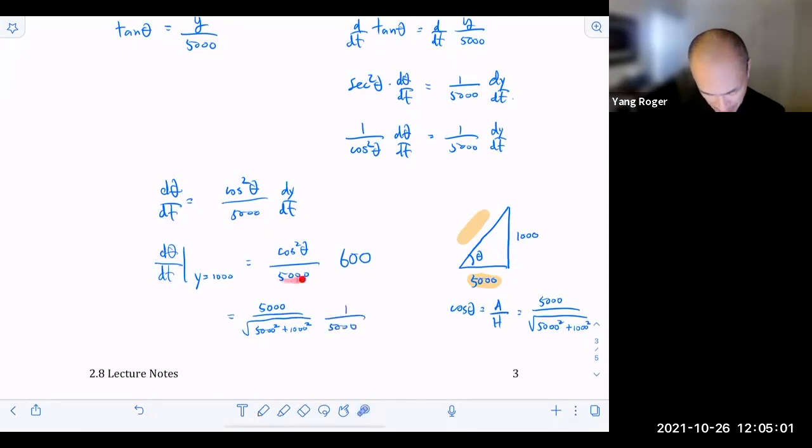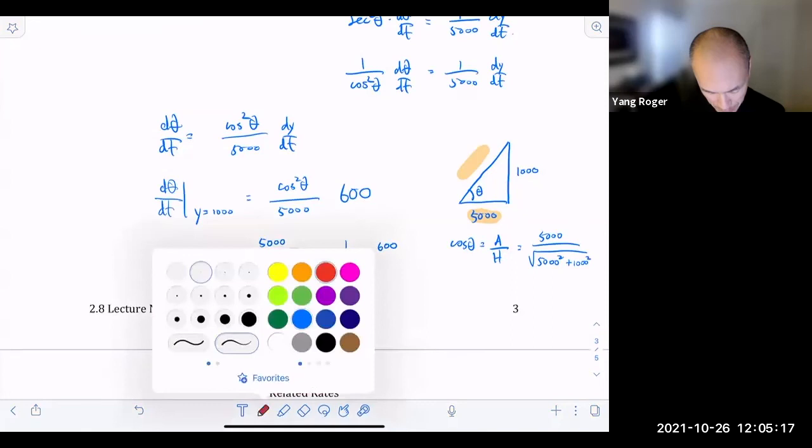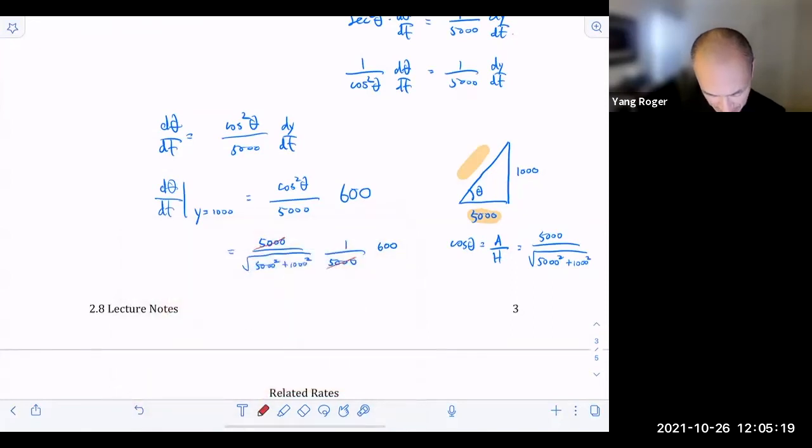That's from this part right here. And then times 600. Okay. So I think you could simplify this out. First of all, the 5,000 and the 5,000 cancel out. This guy becomes, I think, 1,000 times root 26.